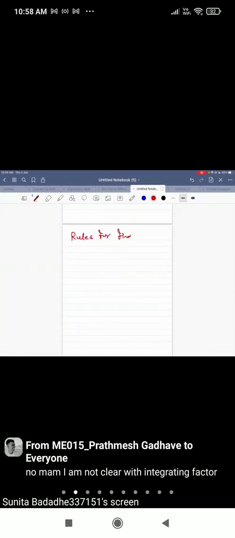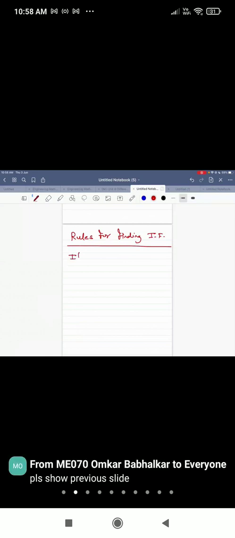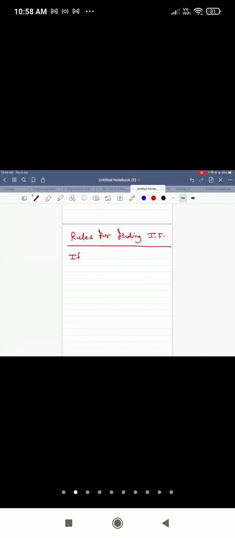Rules for finding integrating factor. Actually, all rules we can complete so that tomorrow we can start examples.